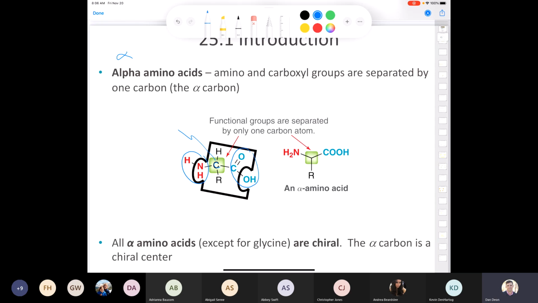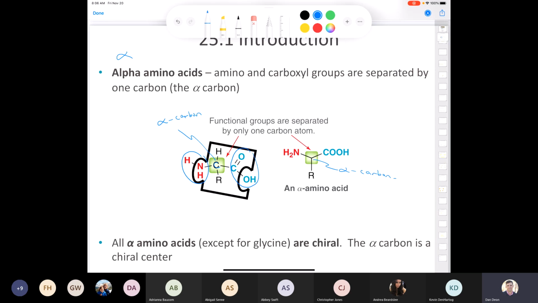And this is what we call the alpha carbon. Here's a bond line structure of an amino acid, and you can see again that the amino and carboxyl groups are separated by one carbon, and we call that the alpha carbon. And so that is why we call naturally occurring amino acids alpha amino acids.